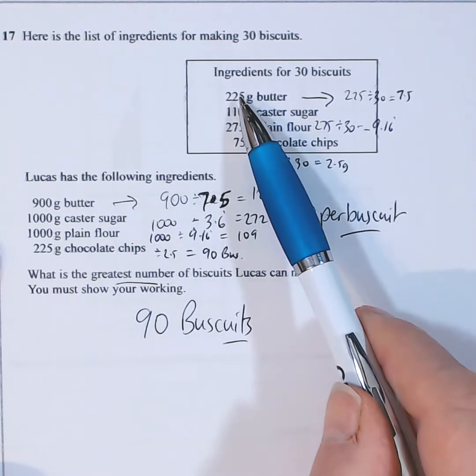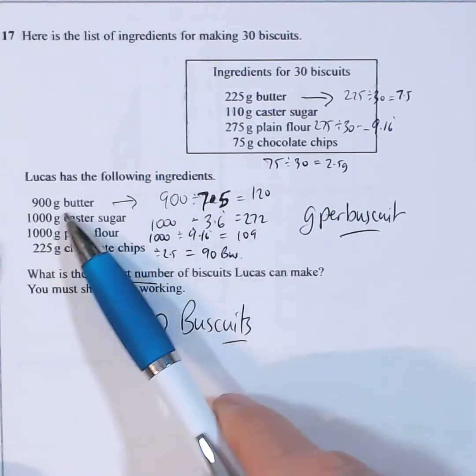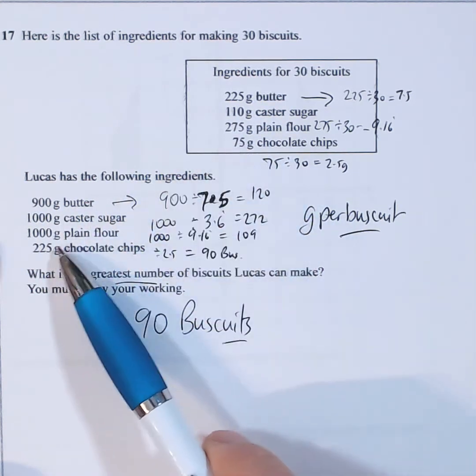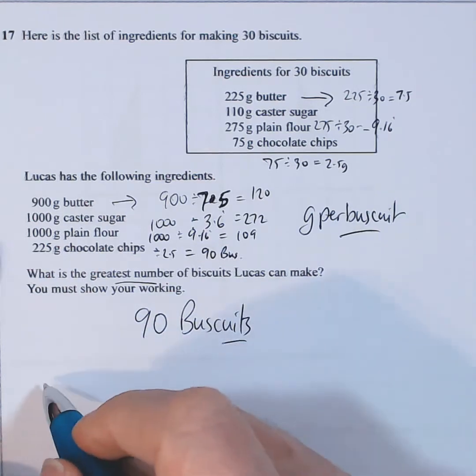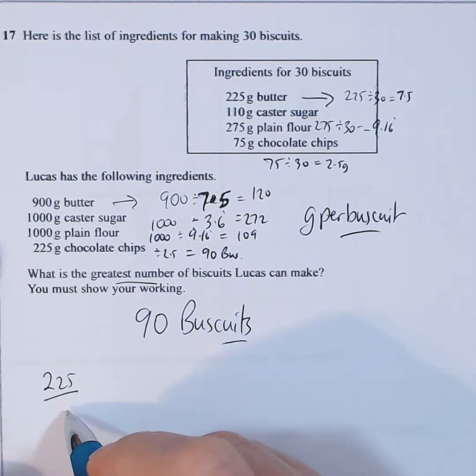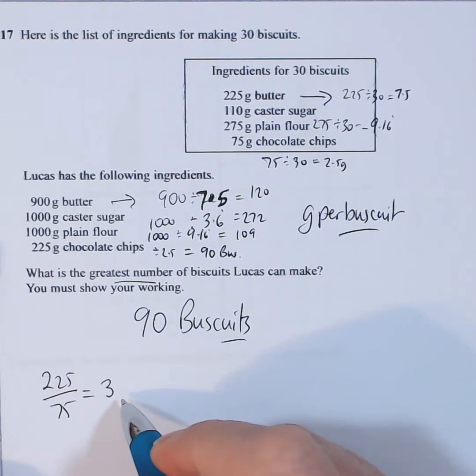You could have seen how many 225s go into 900, how many 110s go into that, how many 275s go into that, how many 75s go into that, and then that would tell you again the limiting factor. And what you would have found if you'd done that method is when you did 225 divided by 75 for the chocolate chips, the answer there is 3.